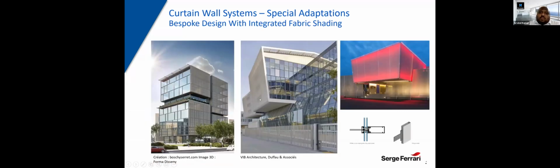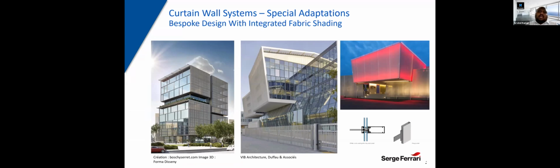Another interesting way of expanding your facade design is by using fabric shading. So we collaborate with a company called Serge Ferrari, which manufactures this tensile fabric, and it gives you a nice, interesting fabric with absolute transparency from inside and 100% privacy from outside. So people outside can't see inside, and people inside can see completely what's happening outside.